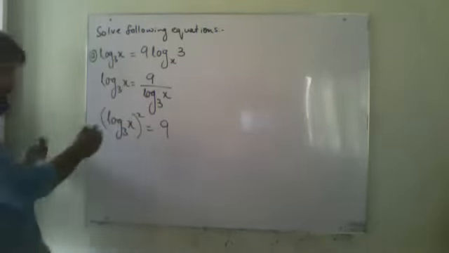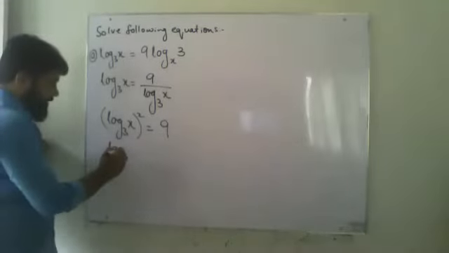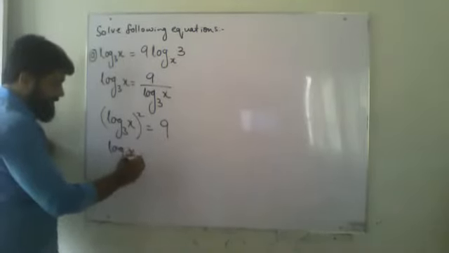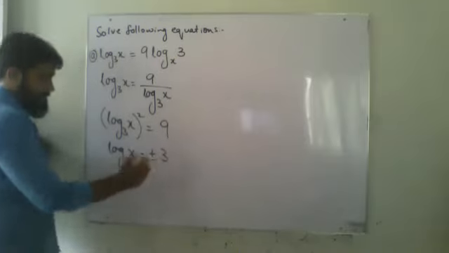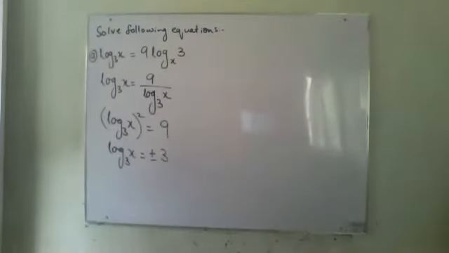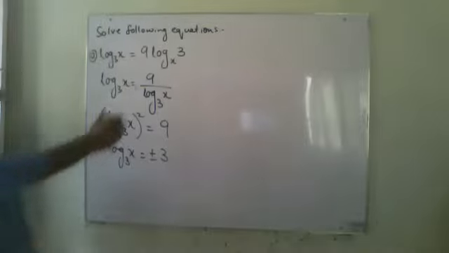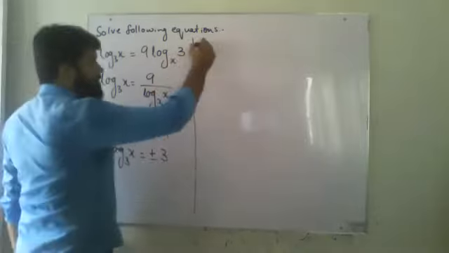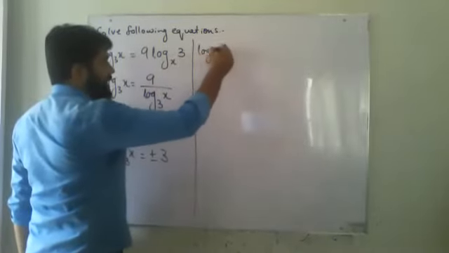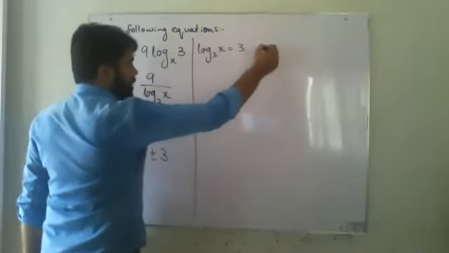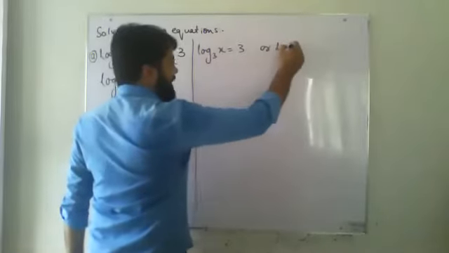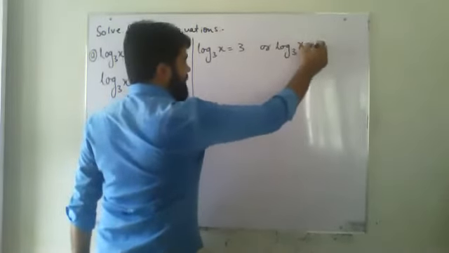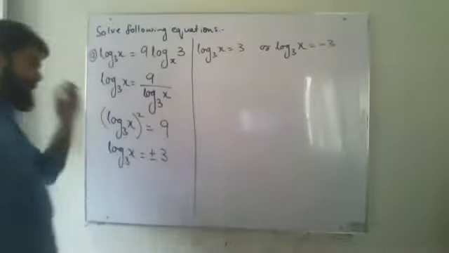After that, taking root on both sides, my answer will be coming plus minus 3. When I further simplify it, first of all, log base 3 x equals to 3, or log base 3 x equals to minus 3.